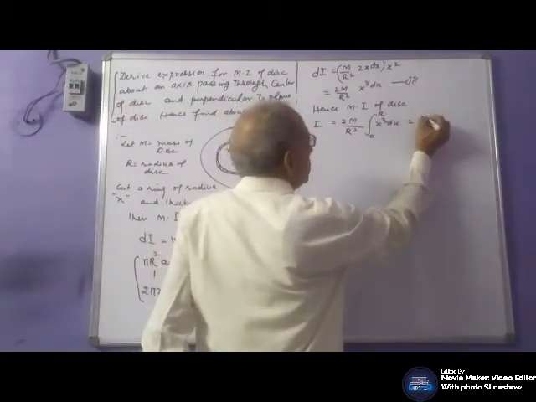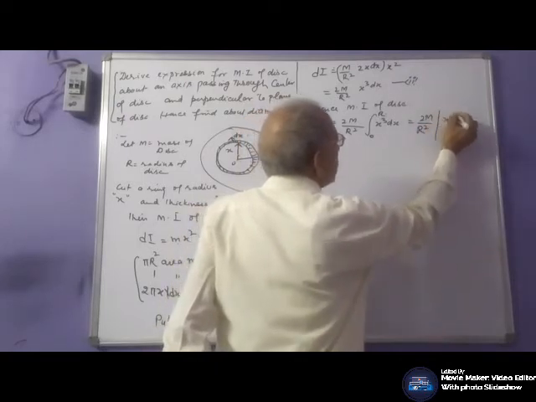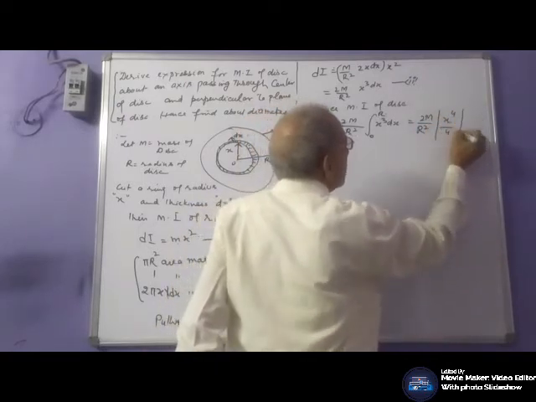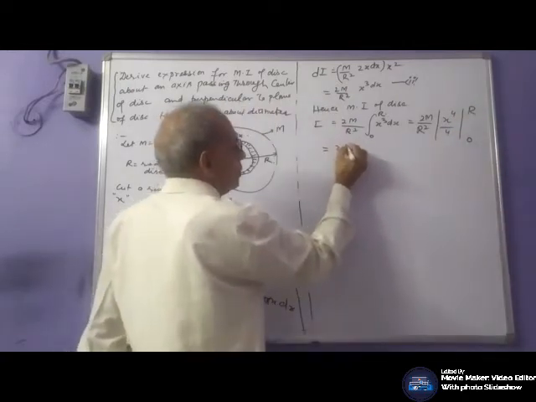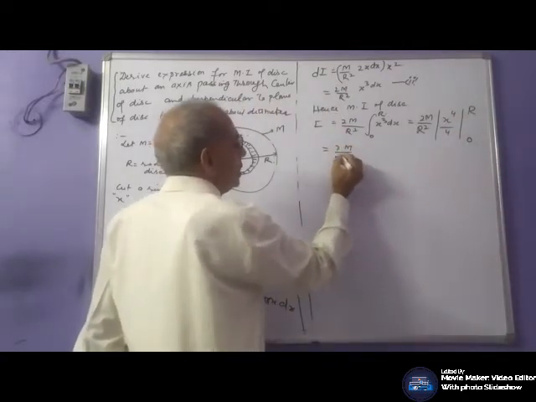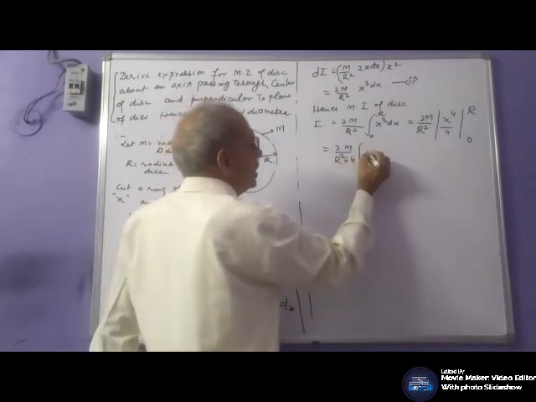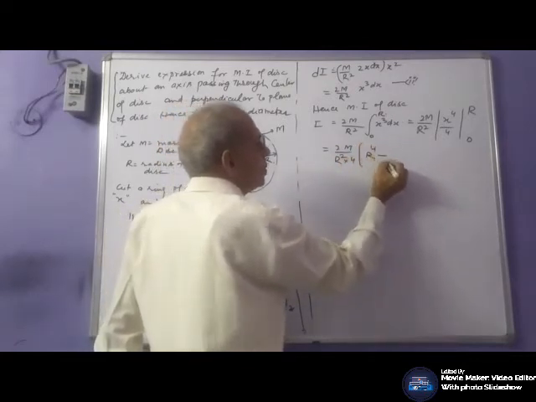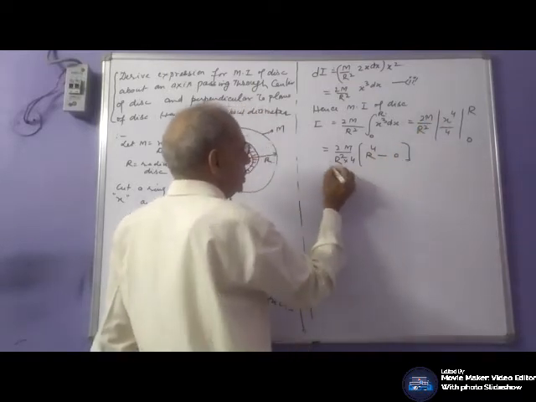It is 2m r square, x4 by 4, 0 to R. 2m r square by 4 also outside. The value of x is r, power 4; the value of x is 0, power 4 is 0.